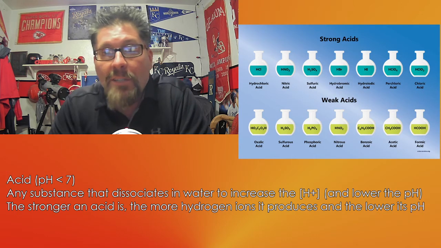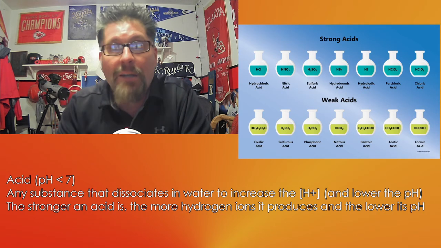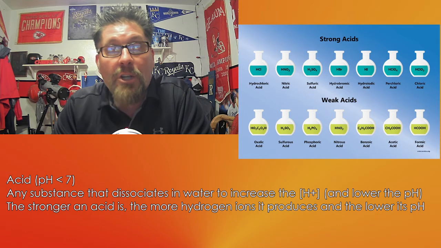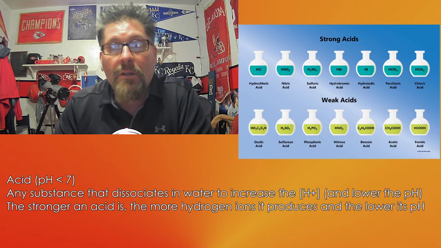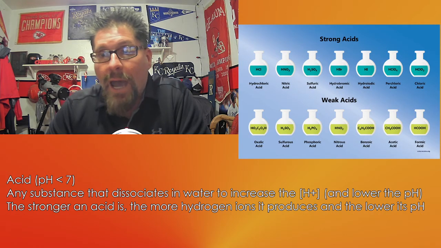And again, acids are the hydrogen portion of a water molecule, and they will reduce the pH. So the more hydrogens you have, the lower the number. And again, it's a concentration amount. In other words, the stronger you are as an acid, the more hydrogens that you have.